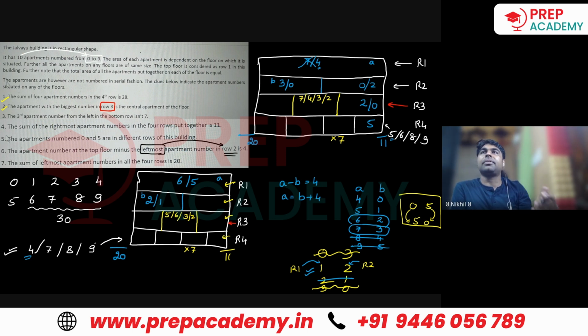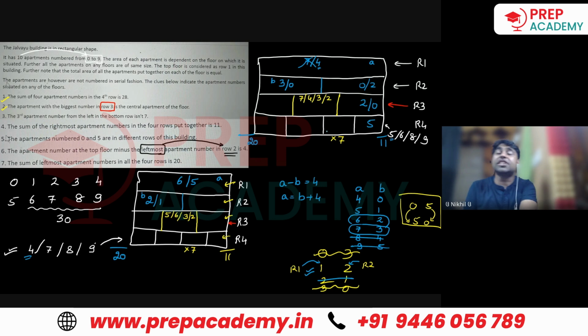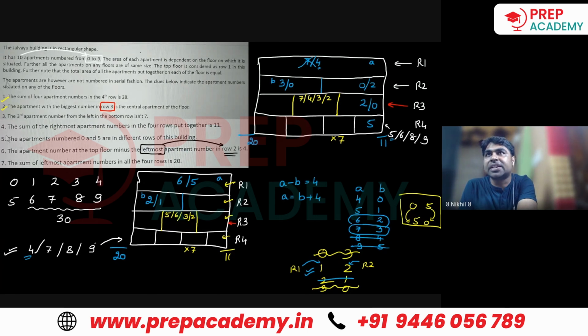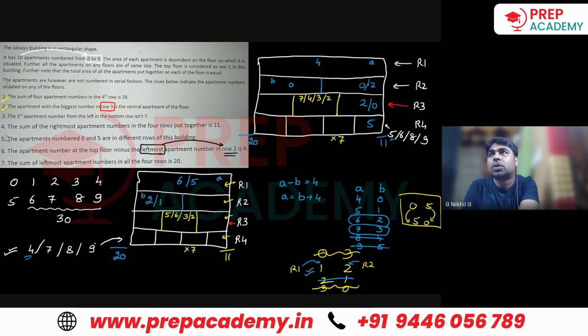So 7 being at R1 position is not possible at all. Is this part understood? Not just 5 and 7: 6 and 7 would become 13, 8 and 7, 15, 9 and 7, 16. Not possible at all, because summation has to be 11. So if the top one is the case, then 7 is not a possibility at all. Then this value has to be 4 and this value has to be 0. Understood? And if this is already 0, this cannot be 0.